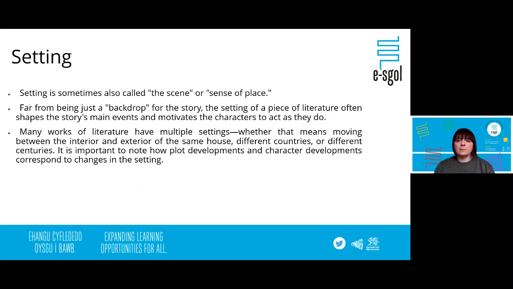The setting of a piece of literature often shapes the main events and the motivations of the characters. For those of you who are familiar with Hamlet, for example, there is Hamlet's final soliloquy, Act 4, Scene 4. What you've got is him on, as the stage directions state, a desolate plain, so this kind of vast open wasteland.